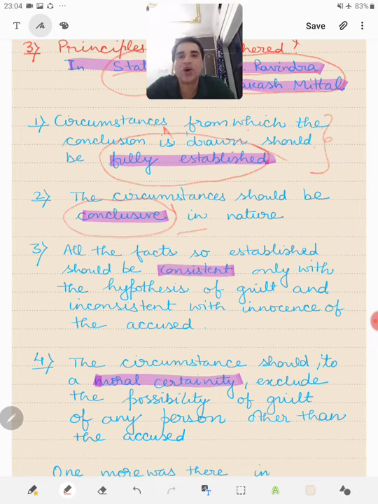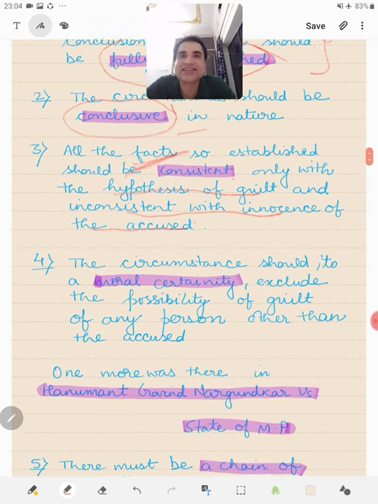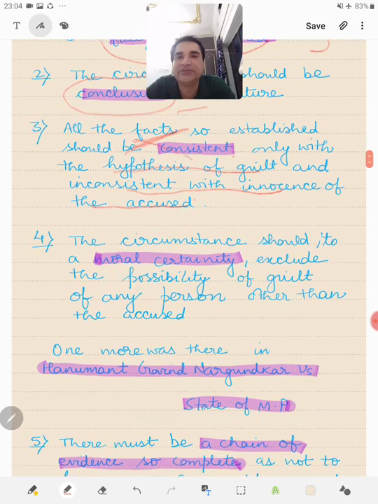Third is that all the facts so established should be consistent only with the hypothesis of guilt and inconsistent with innocence of the accused. So all the surrounding facts, all the surrounding circumstances which are proved should be consistent with only and only one hypothesis, and that hypothesis should be the guilt of the accused.